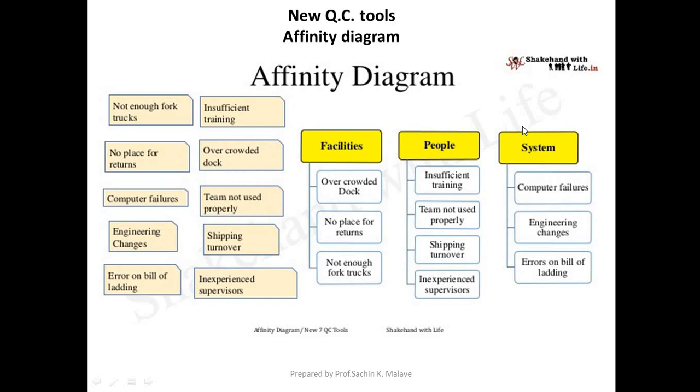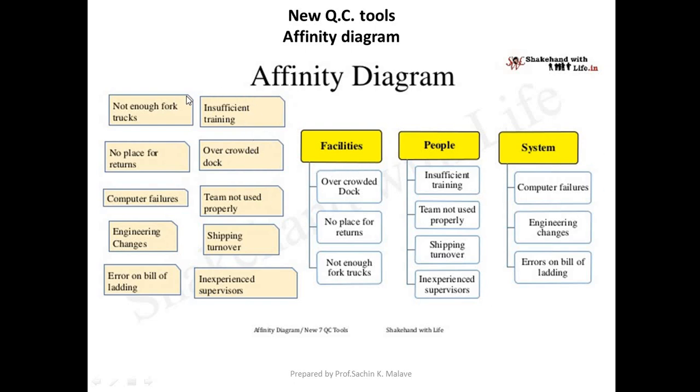So these are the things which are related to the affinity diagram. This diagram is useful where there are many facts or ideas, but they are in disorder, and the issue seems to be too large or too complex to handle. In that case, you can use the affinity diagram. One example is shown here.